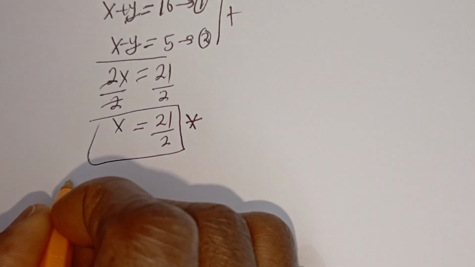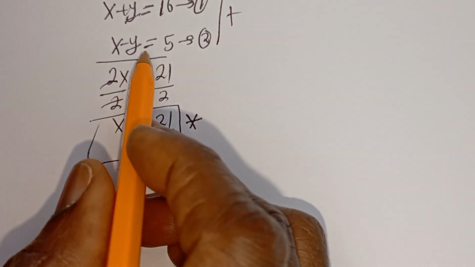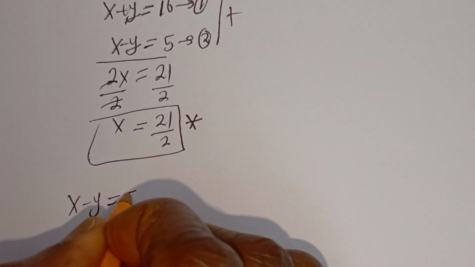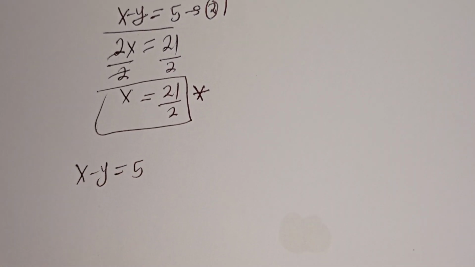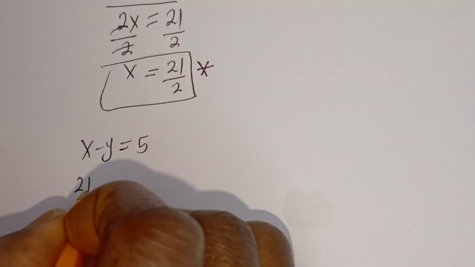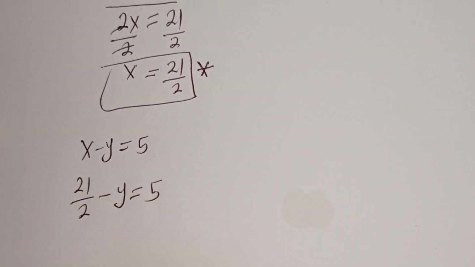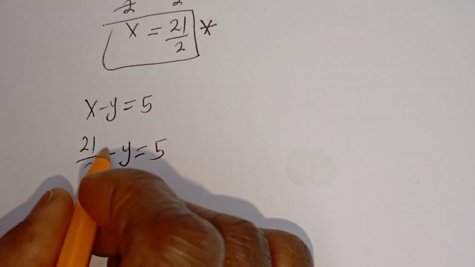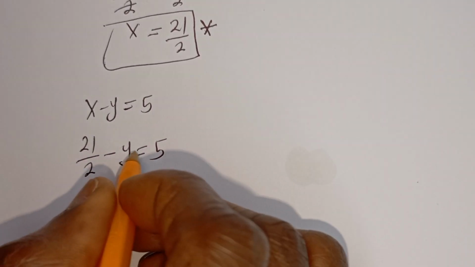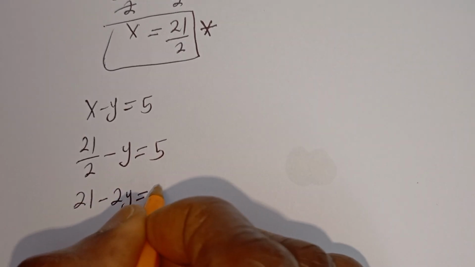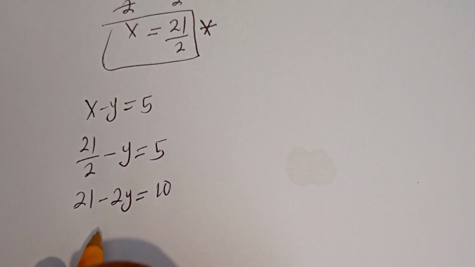Now, to solve for y, let me make use of equation 2 again. s minus y is equal to 5. Then we have 21 over 2 minus y is equal to 5. Then let's multiply all through by 2. We have 21 minus 2y is equal to 10.